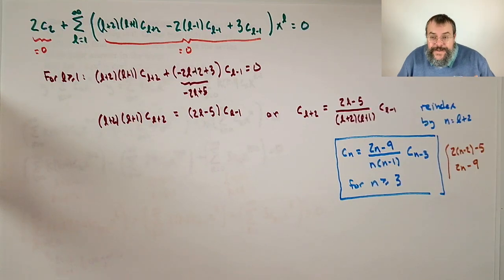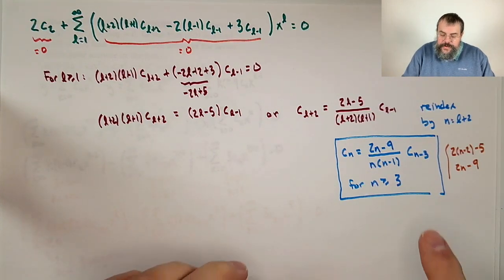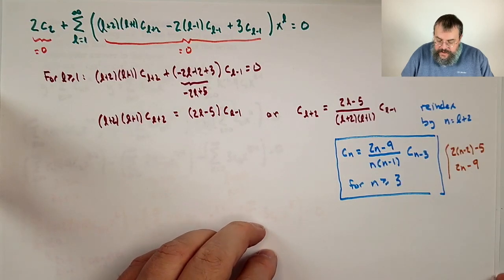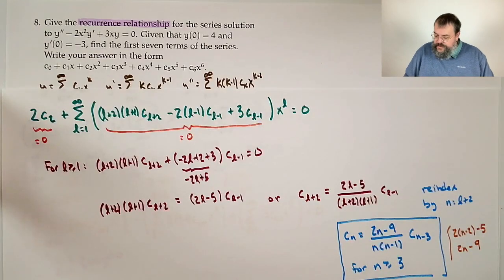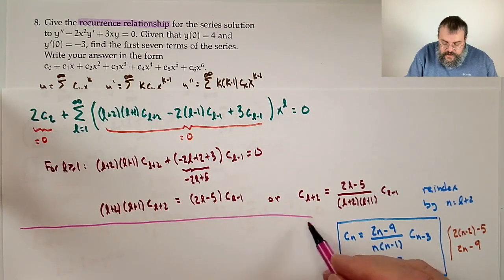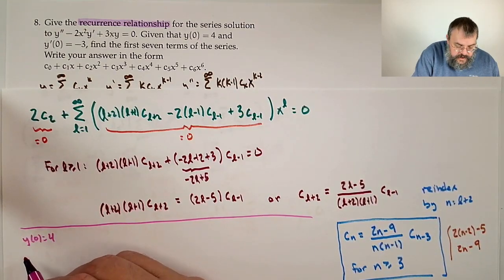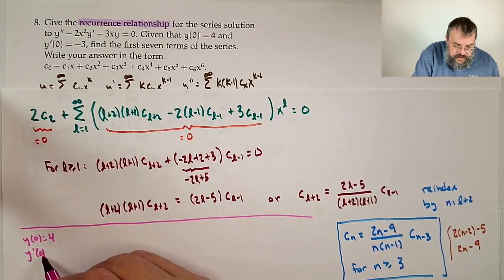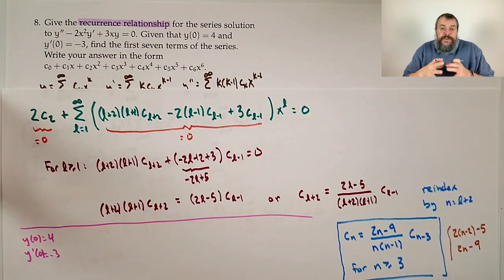All right, so here we go. We're ready. Now, we've got our recurrence relationship, and we also have some initial conditions. We're told that y of 0 equals 4, and y prime of 0 equals negative 3. Well, when we give these initial conditions, what are you really giving?